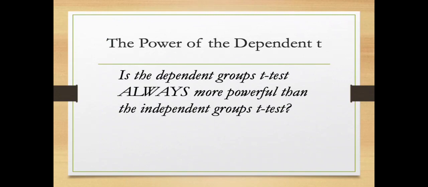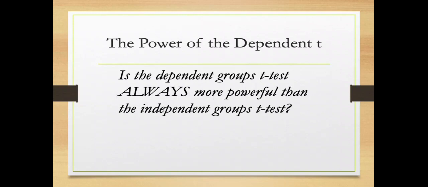We've noted that the obtained value of your dependent groups t-test will generally be larger than the independent groups t-test. But is it always more powerful? No. Recall that the increase in power for the dependent groups t-test, as compared with the independent groups t-test, comes from pulling systematic error variance out of your random error variance. But this comes at a cost.